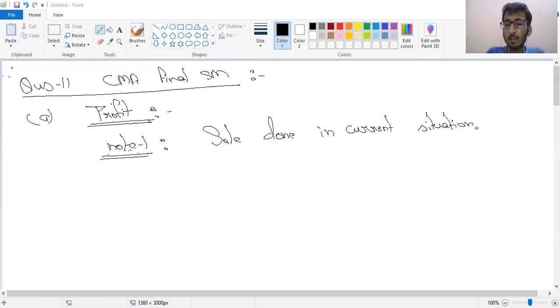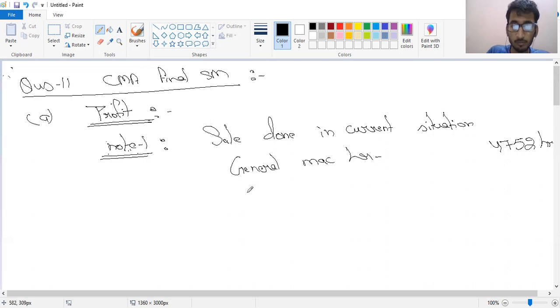We are given that 4752 hours is the maximum available hours of general machinery, and it is completely used in the current situation. So general machine hour available is 4752 hours.